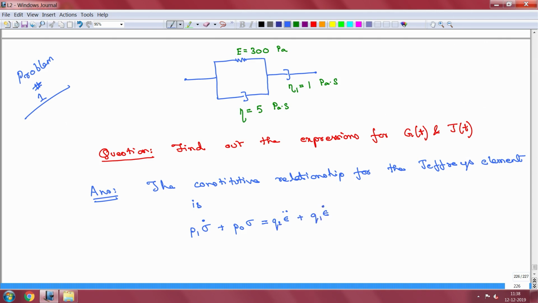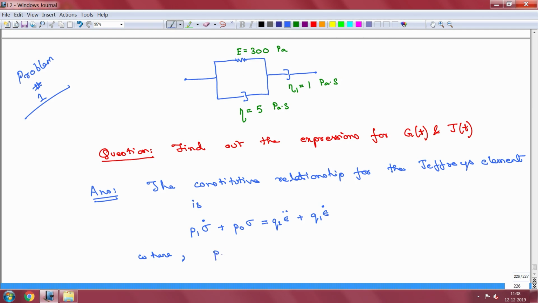And we also already know that these coefficients can be expressed in terms of the variables that comprise the Jeffrey's element. So these 4 coefficients can be expressed in terms of the 3 variables that we have.